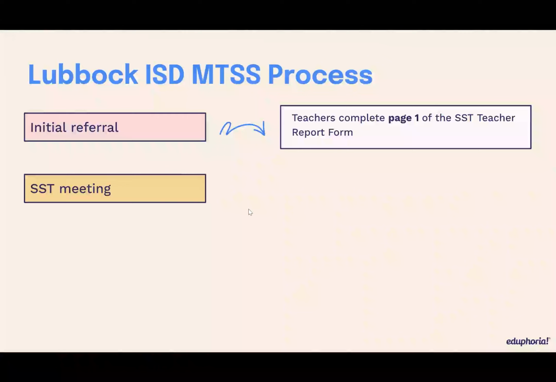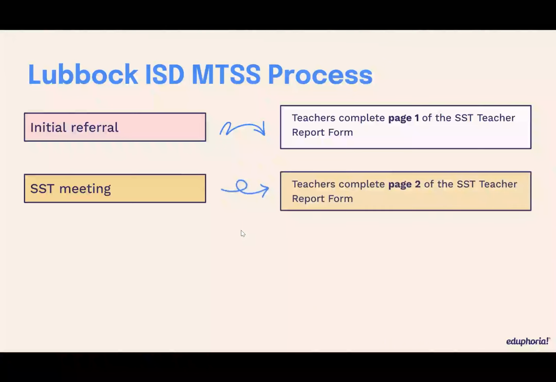And that's just like your regular RTI meetings with teachers, parents, guardians, administrators, where as a committee, we look at all those data pieces and we talk about what's best for that student.